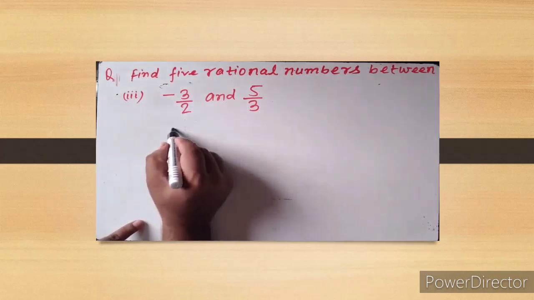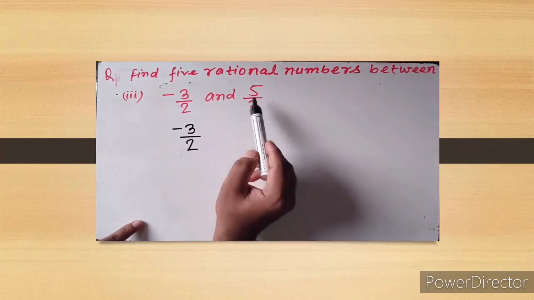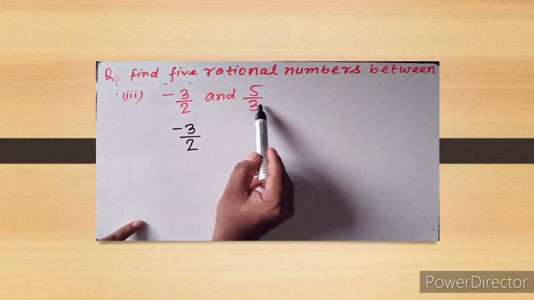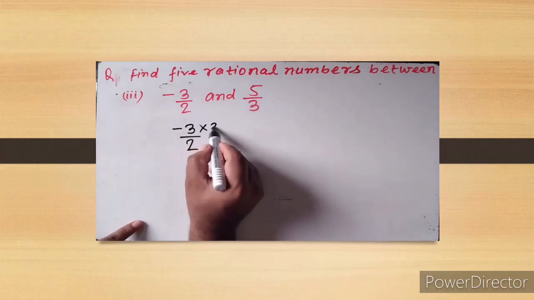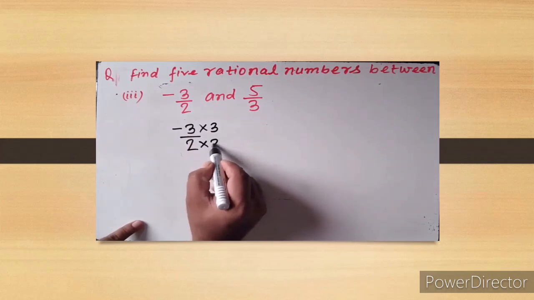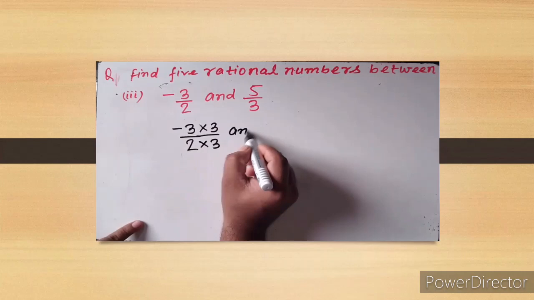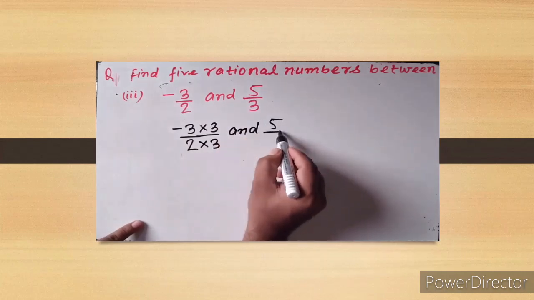So first we will write this minus 3 upon 2. In the denominator of this rational number, what number? 3. So you will take this 3 and you will multiply its numerator and denominator, and this is 5 upon 3.